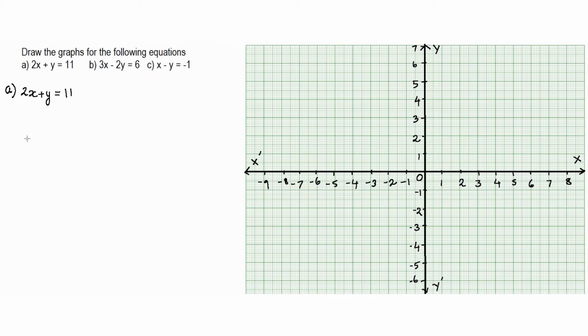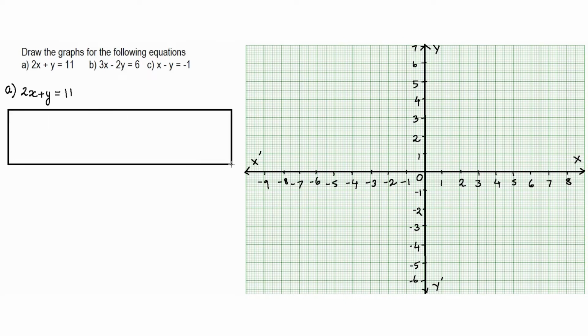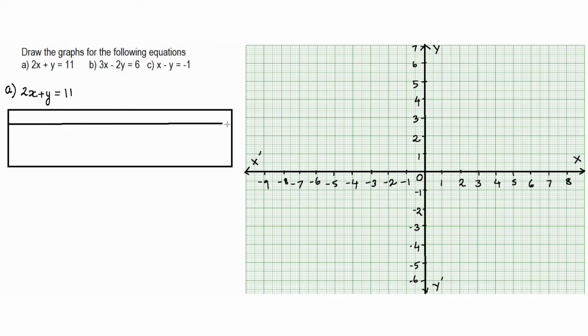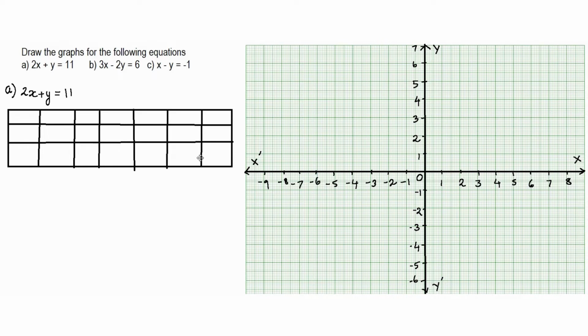So let us now find the points x comma y that satisfy this given equation. So let's consider x and y.